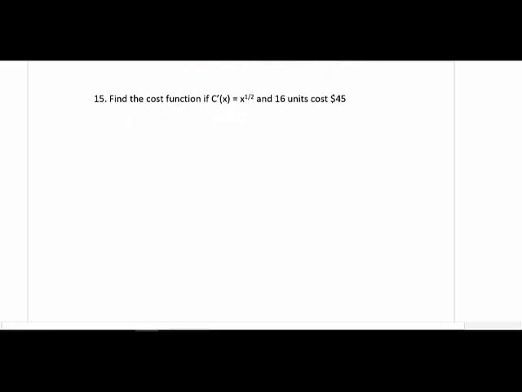Going to number 15. Again, I have a derivative of my cost function. So I'm going to take the integral. And it doesn't give me the fixed cost here, but it does give me a point where I have the quantity and the cost. So I'm going to use that to find my constant term.